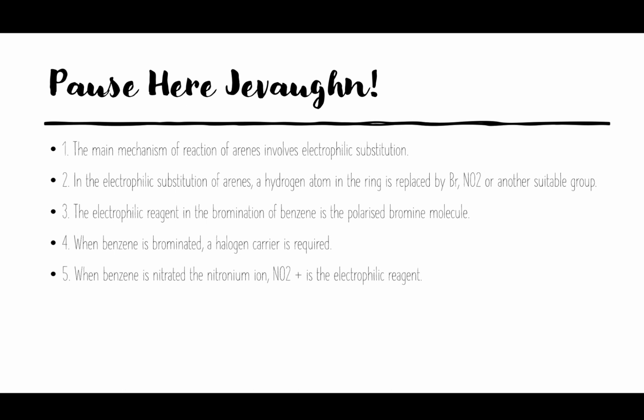When benzene is brominated, a halogen carrier is required, which is what we call our Friedel-Crafts catalyst. The example that we used was FeBr3, iron(III) bromide. And when benzene is nitrated, the nitronium ion is our electrophilic reagent.